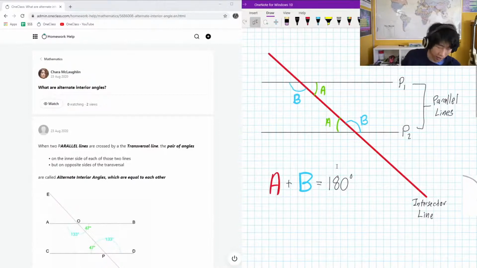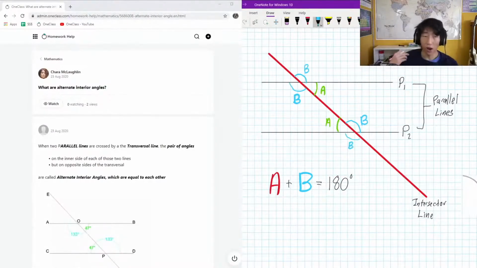Another place that you can see these angles in action is right here. Now that I'm with blue, you can see that B is also going to be the angle here and also going to be the angle here. So, alternate sides of that intersection between the intersector and one of the parallels are also going to have the same angle.